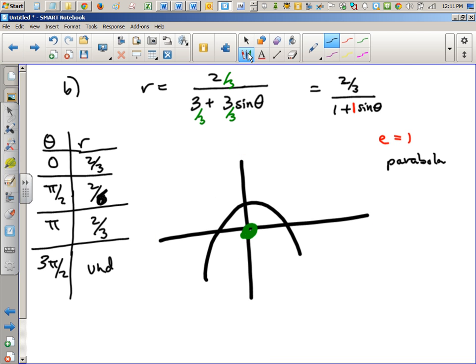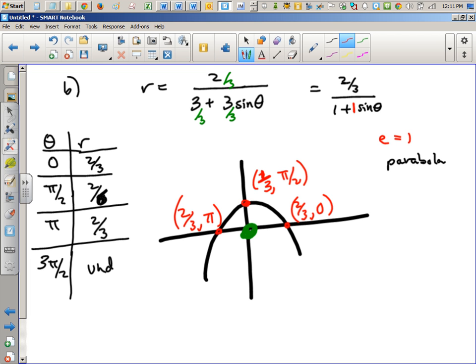If you want to add more detail to this, this is the point 1/3 comma pi over 2. This is the point 2/3, 0 radians. This is 2/3, pi radians. Notice the focus is at the pole. That was all very intentional on the scientist's part. Okay?